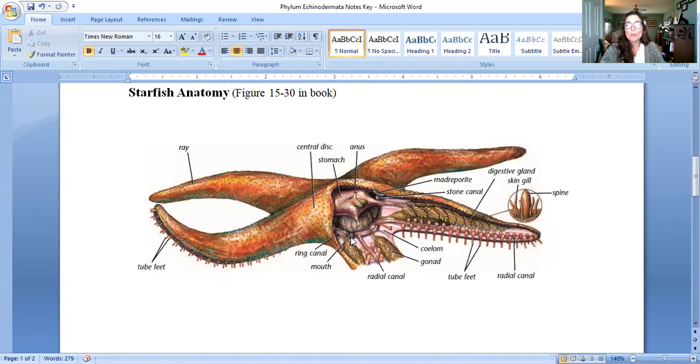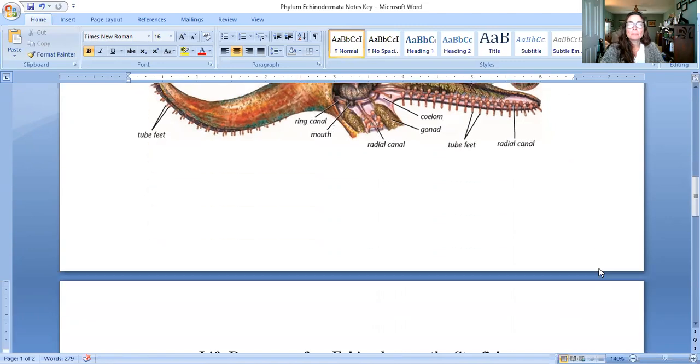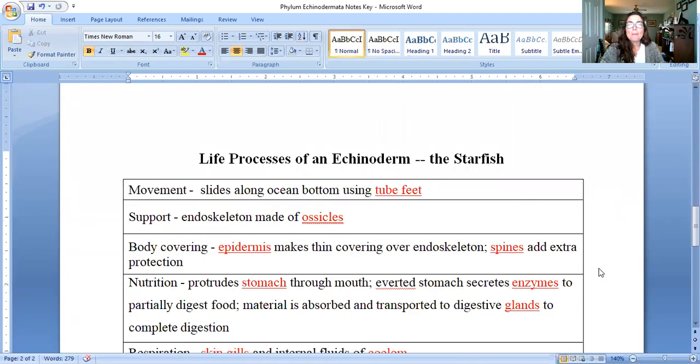They're showing you a cutaway of the starfish here, and you can see the mouth. It's in the center of the underside of the starfish. And then here's some other parts that are shown. As we're going through the parts in the notes, if you refer back to this picture, you can kind of see where we are.